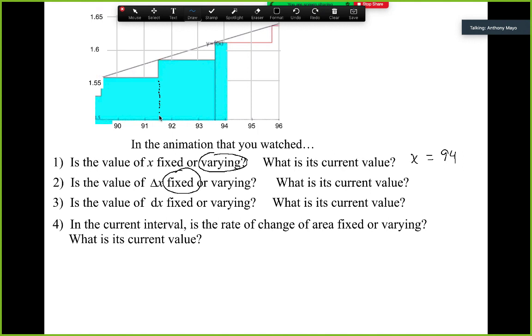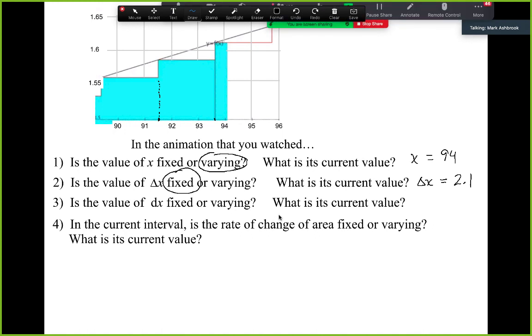It's a little bit more than 2. This is like 91.6, and this is like 93.7, so we'll say 2.1. Does everybody see that? But that's fixed. We chopped up our x into delta x of 2.1, and they're staying that. They're not varying. What about dx?